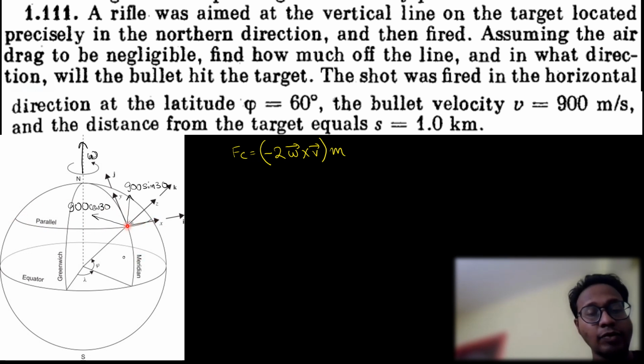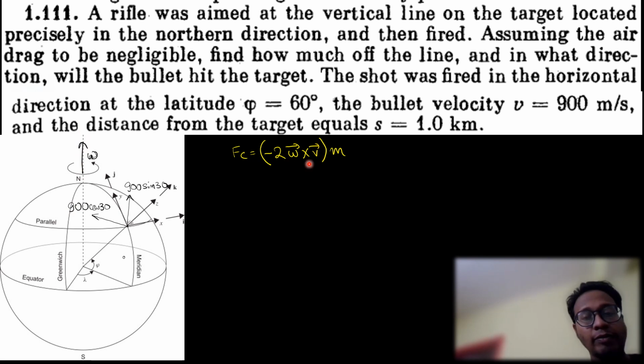And the Coriolis force will only be for this component of velocity. See, this is 900 cos 30, and the omega vector is upward. The angle between the omega vector and 900 cos 30 is nothing but 90°. One of the vectors is in this plane, the other vector is in this plane.